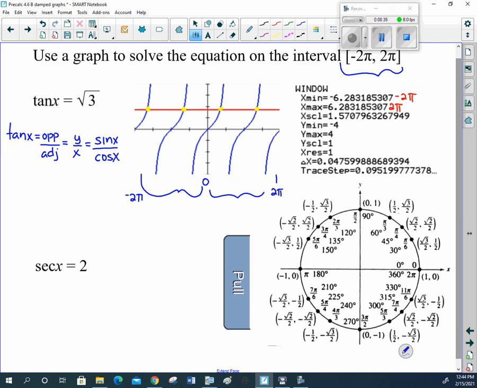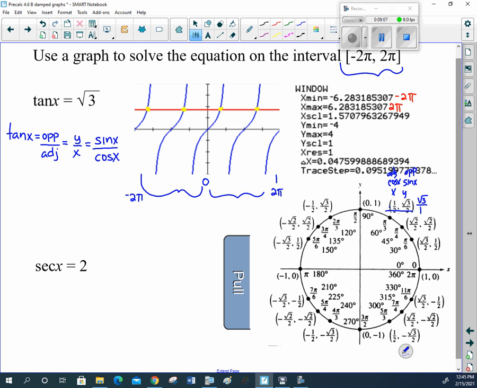When you come over here to your ordered pairs, however you look at them, x, y, cosine, sine, adjacent, opposite, it doesn't matter. What's happening here is I'm looking for the square root of 3 over 1. Because in the unit circle the fractions are all divided by 2, I'm just going to disregard the bottom part of the fraction. So this is the one I'm looking for, square root of 3 over 1.